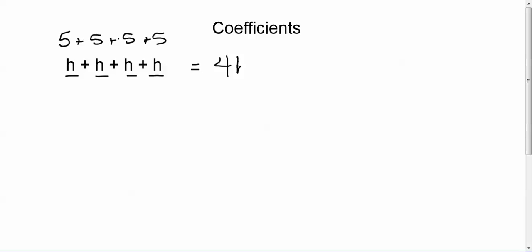We would write 4h. Nice organization. And again, in algebra, we don't use dots, we don't use x's, we use coefficients when it comes to numbers and variables, so the number just goes straight in front of the variable. You're going to see that concept on your homework.